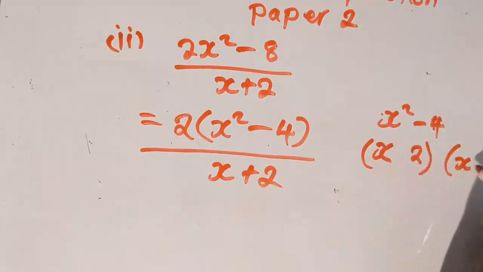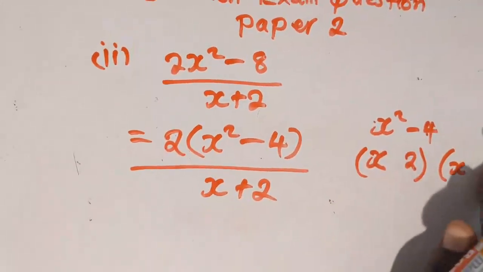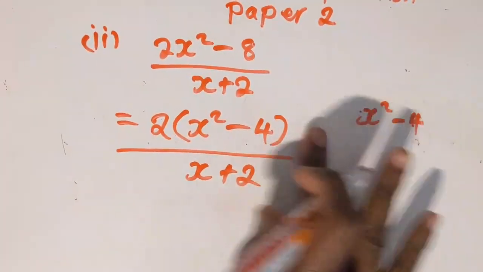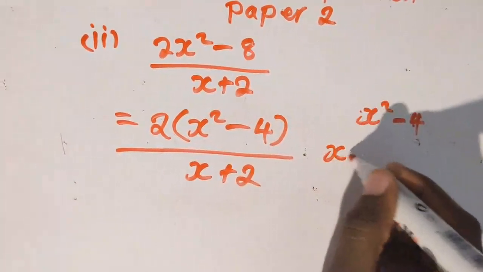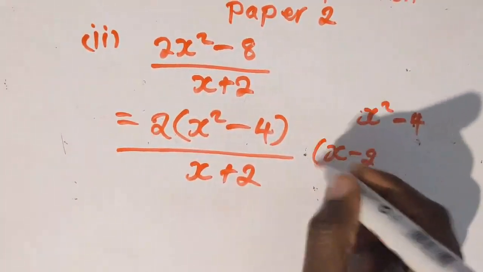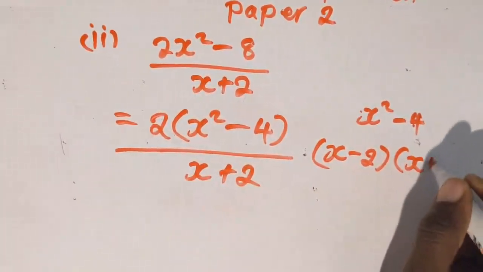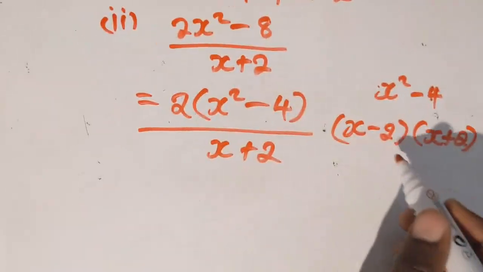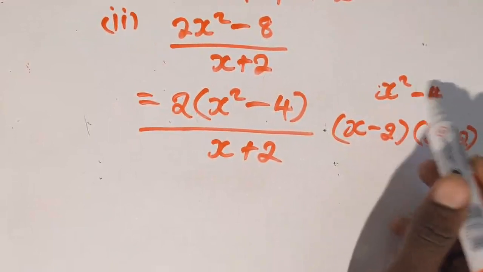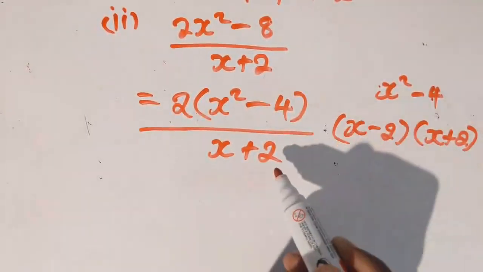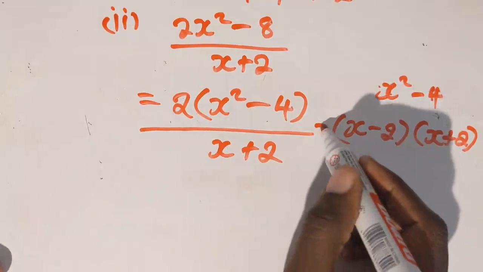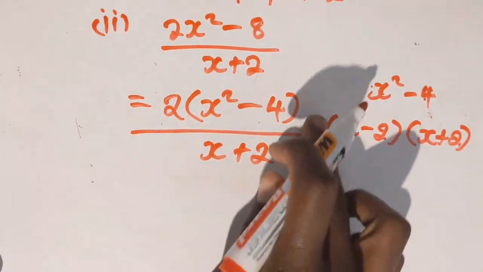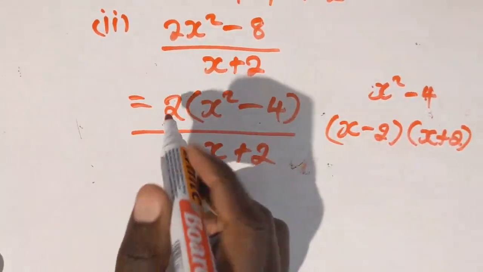So you just copy the same numbers. So this is x minus 2 and x plus 2. So this is what it means when we say the difference of two squares. Just find the square root of these numbers, then you put them like that. So we say equals, actually there is a 2 here.